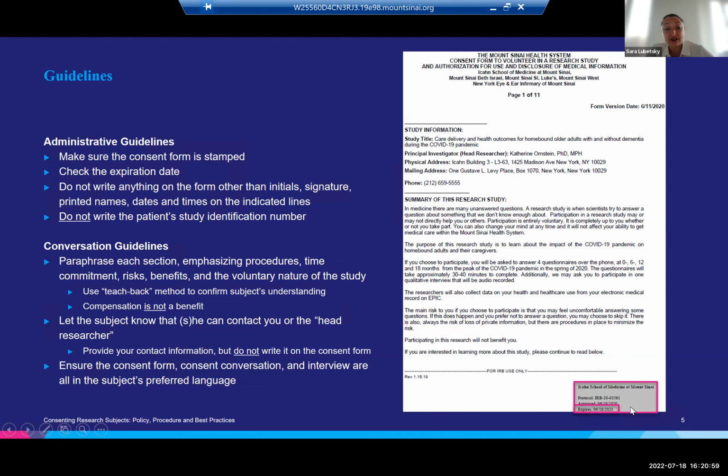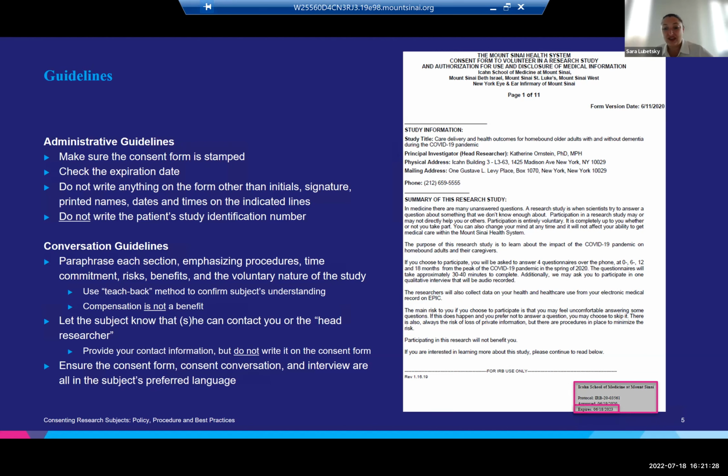The thing I want to draw your attention to is this expiration date. You should always be checking that you have a stamp on your consent form with the expiration date before you consent your patient, before you even bring the consent form to a consent appointment. So please, please always make sure that your consent form is stamped and unexpired.